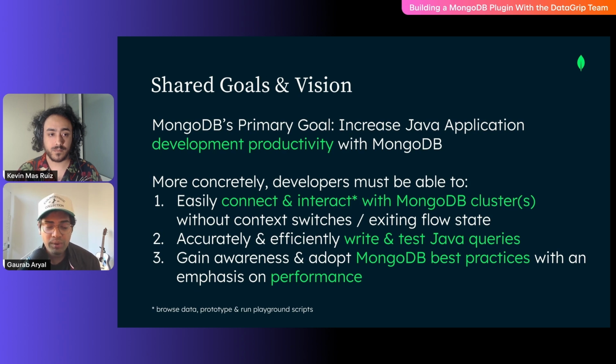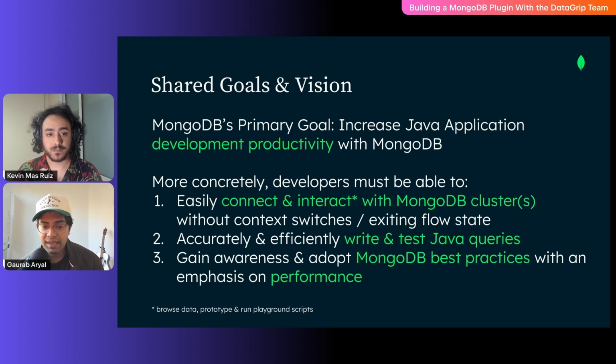But what we wanted to do was meet developers where they're actively writing code and surface these best practices in a way where they can proactively adopt them before deploying their applications in production, and then having to retroactively go back and fix the habits that they have.